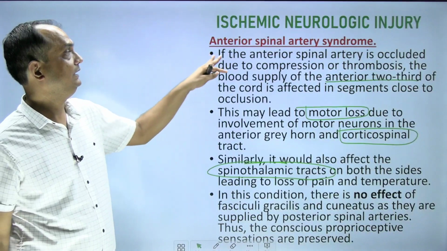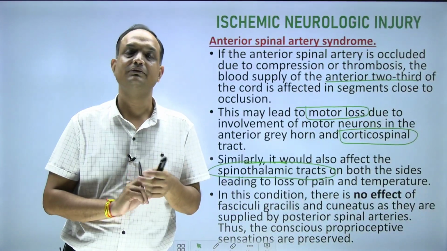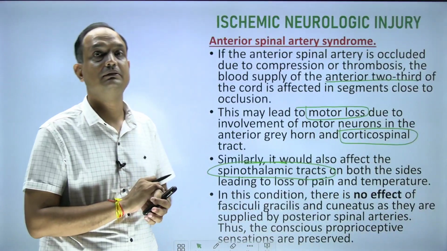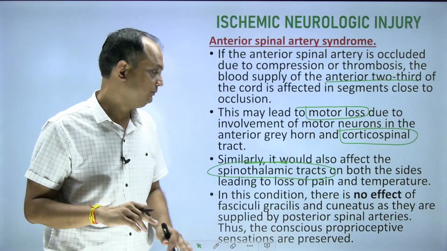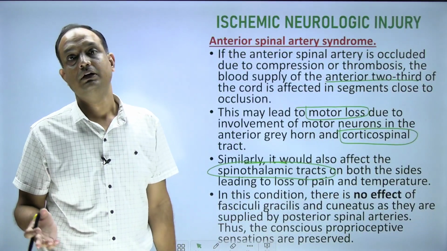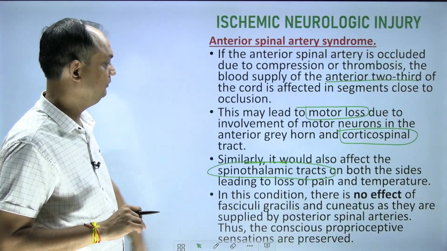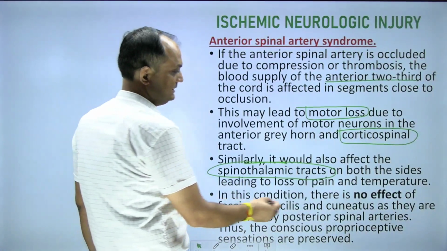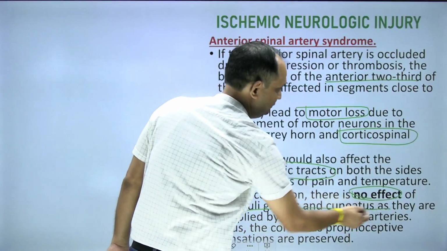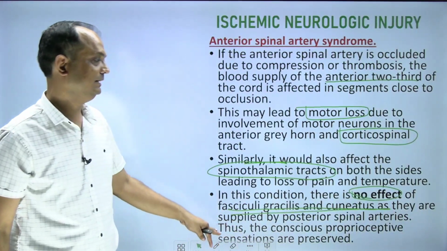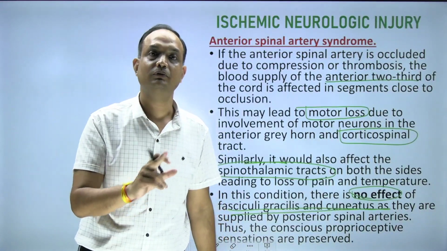But in anterior spinal syndrome, the posterior column fibers, that means the fasciculus gracilis and cuneatus, are not going to be involved. So the sensation carried by the posterior part of your column is not going to be affected. Always keep in mind that in this condition there is no effect on the fasciculus gracilis and cuneatus, as they are supplied by the posterior spinal artery, and are present in the posterior column of white matter.